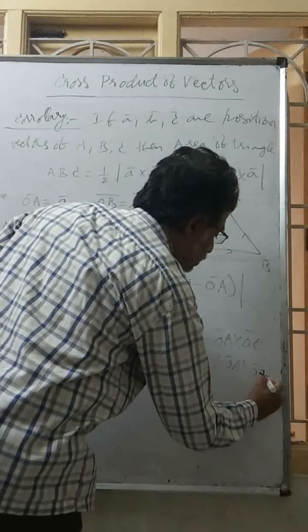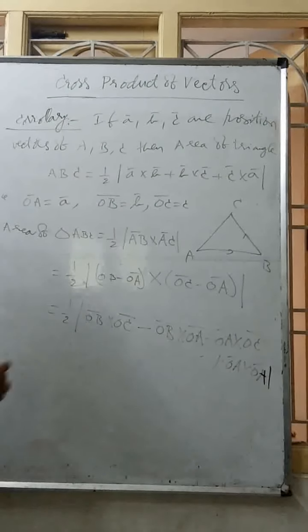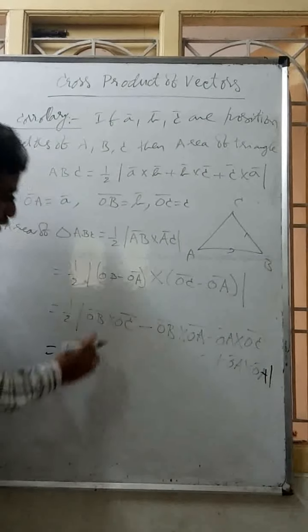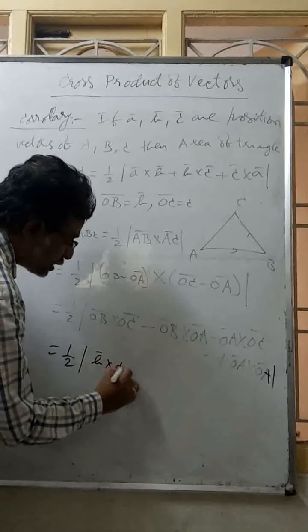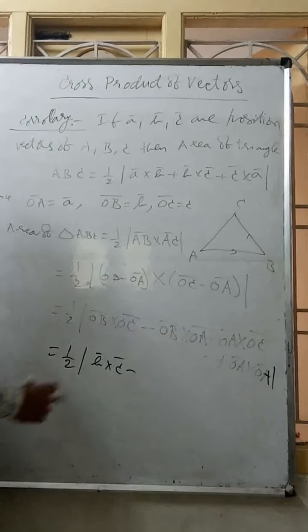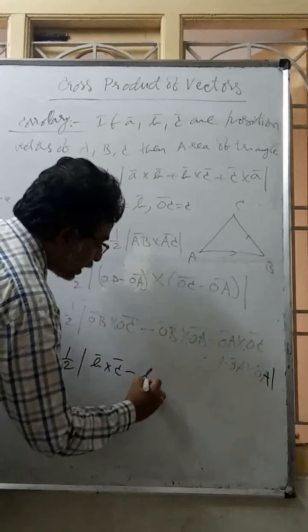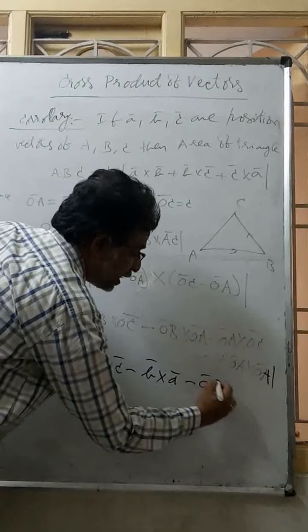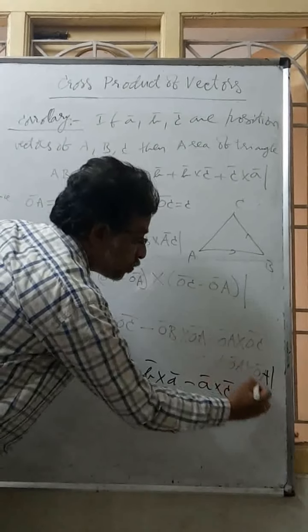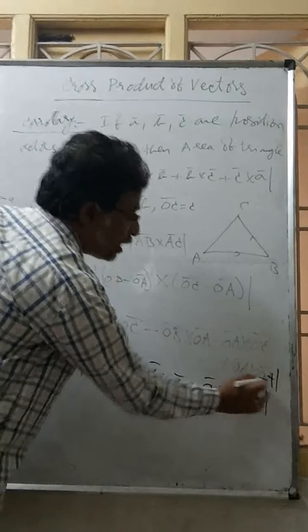This is equal to half into OB bar is small b, OC bar is small c, minus b cross a, minus a cross c, plus OA cross OA, which being parallel means 0.